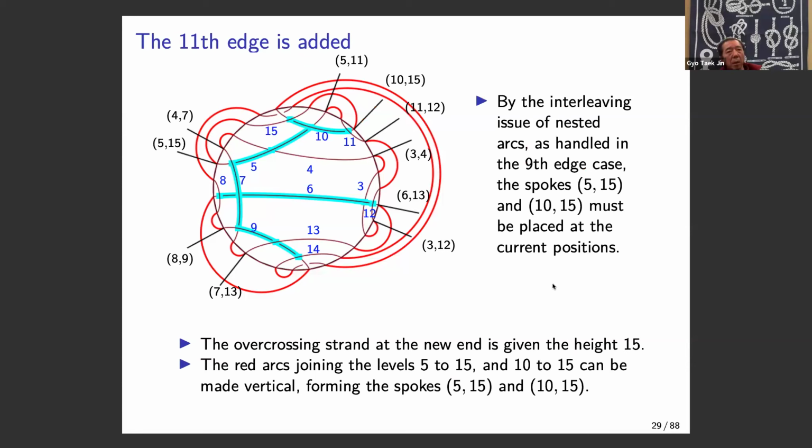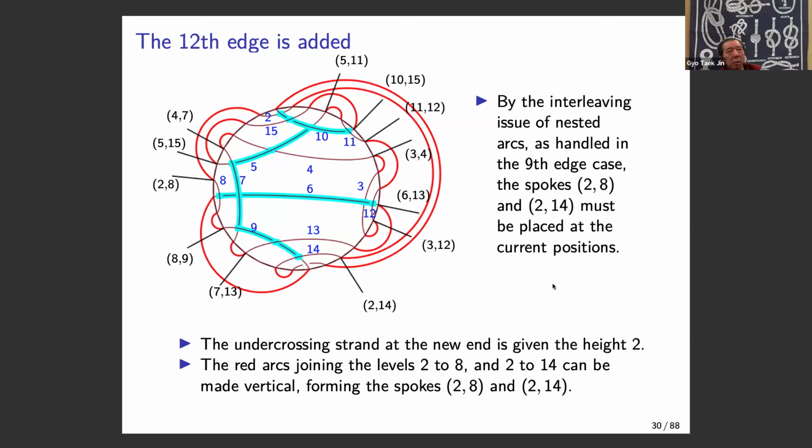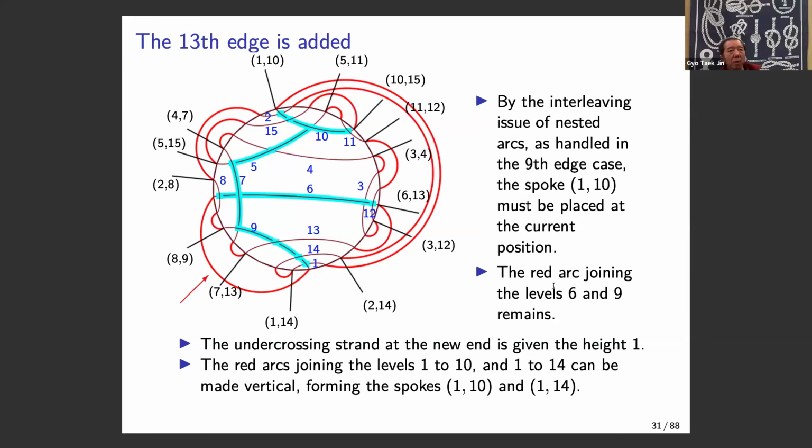And then when the 13th edge is added, all arcs outside the tubular neighborhood except this one get assigned a spoke.